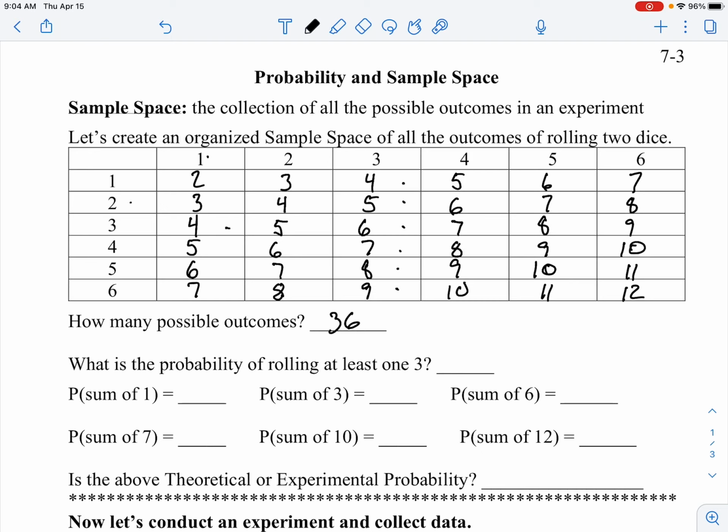And then we've also got 1, 2, 3, 4, 5, and 6. So 6 and 6 is 12 out of 36, which is going to give us 1/3. So we have a 1/3 probability of rolling a 3 in our roll.